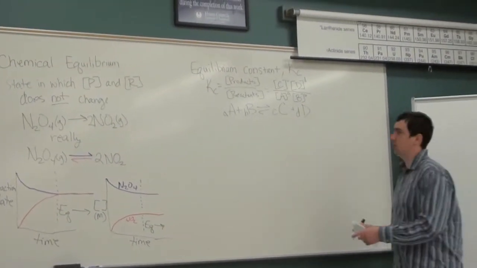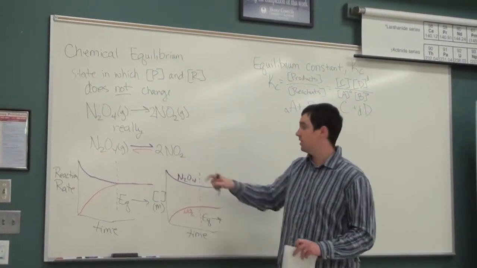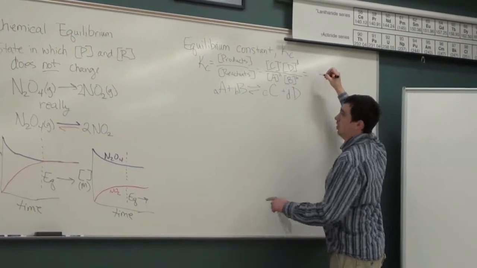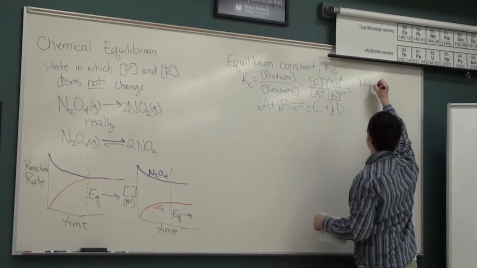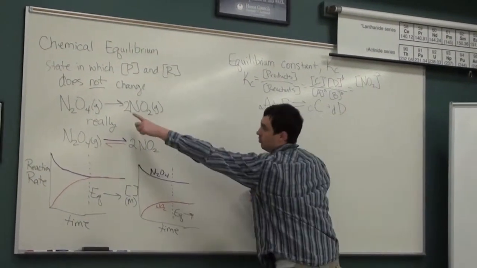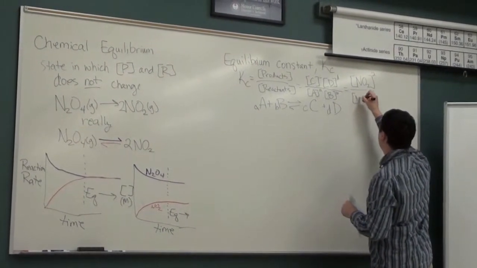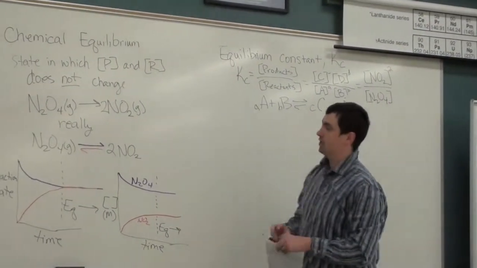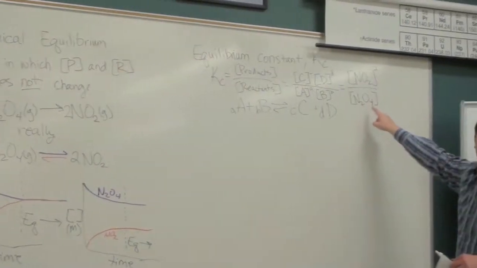Now for our example here, the decomposition of N2O4 to nitrogen dioxide, Kc is going to be equal to our product, NO2, squared, because there's a molar coefficient of 2 in front of it, over N2O4 on our denominator, and since the coefficient is 1, it's only raised to the 1 power.